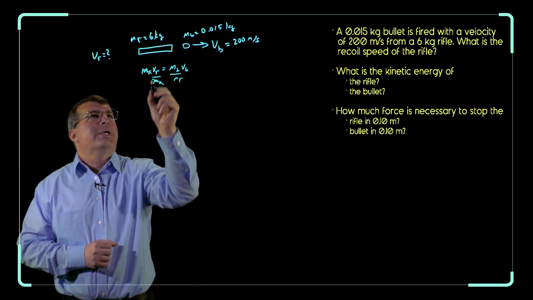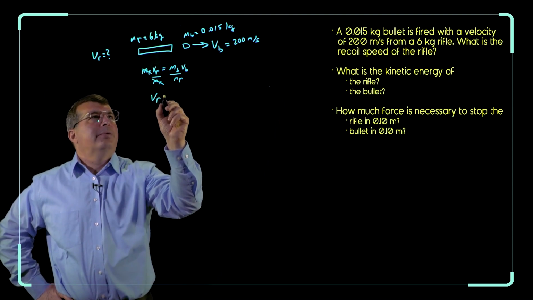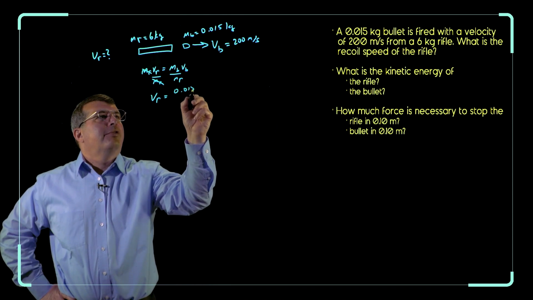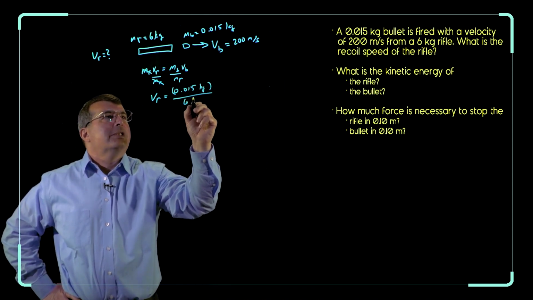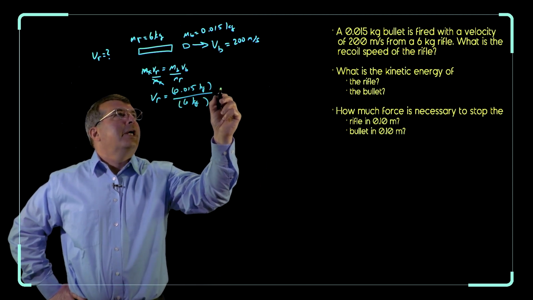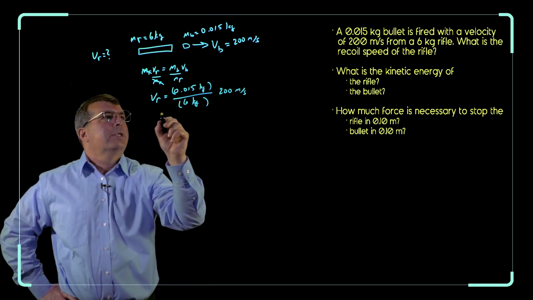That cancels out mass of the rifle over here. And the speed of the rifle is equal to the mass of the bullet, 0.015 kilograms over 6 kilograms, times 200 meters per second.